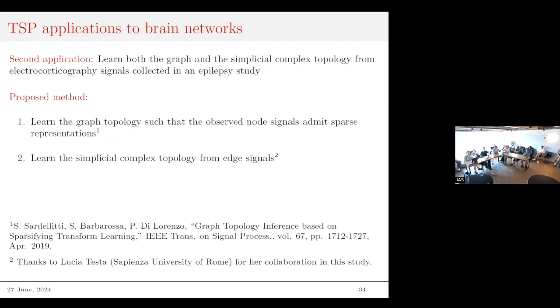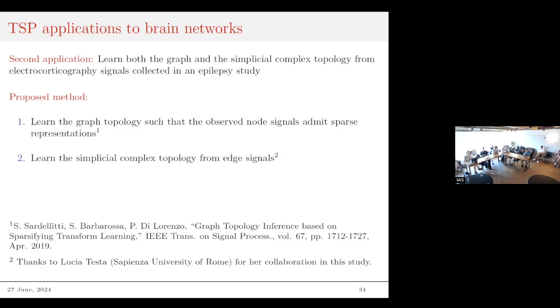Let us consider another application. We learn both the graph and the cell complex, in this case the simplicial complex topology, from electrocorticography signals collected in an epilepsy study. We first learn the graph topology, and after the learning of the graph topology, we learn the simplicial complex topology.